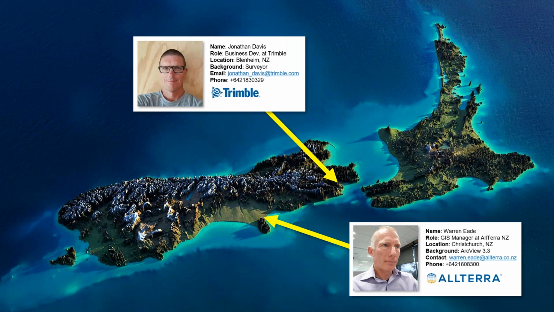I'm leading sales activities for our GIS business across the Asia Pacific region. In New Zealand, our local reseller is AllTerra, and I'm working closely with Warren Eade, who I'm sure a lot of you know, who is managing the GIS segment of the AllTerra business. So I've got his information up on the screen there as well.